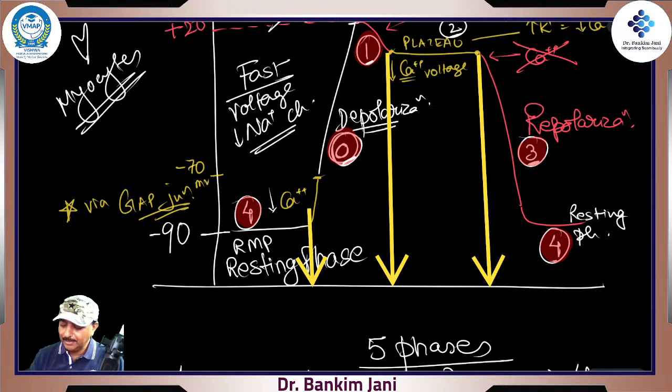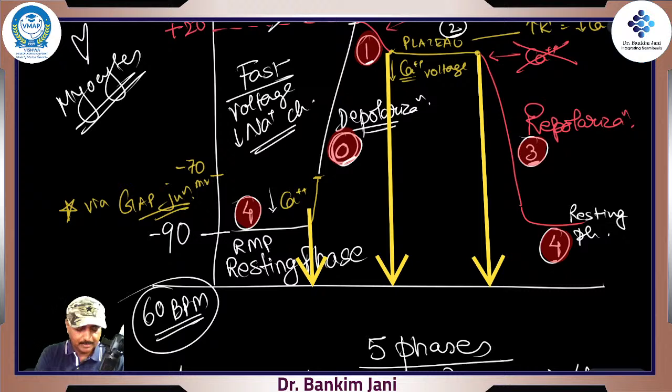Just for our understanding, to make things easy, let's make it 60 beats per minute. This means that within 1 second, the heart has to contract, relax, and get back to the stage where the second contraction should start. So every second the whole cycle should be complete, right?